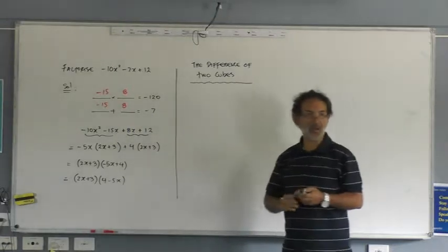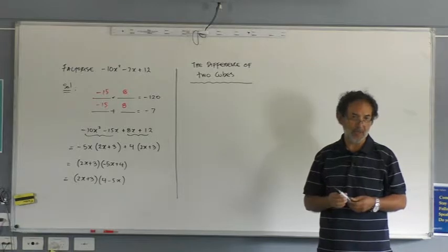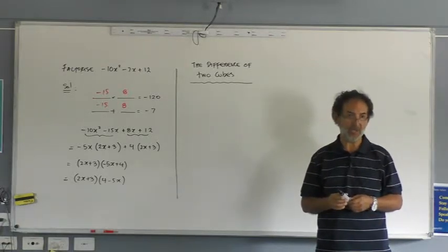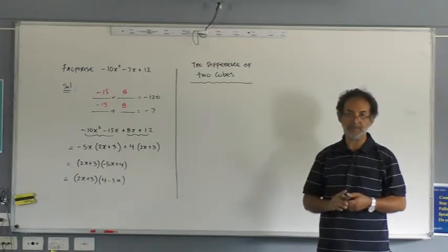All right, can you please copy that heading? I want you to copy the heading, the difference of two cubes. We have already done the difference between two squares, but now we're going to do the difference between two cubes.